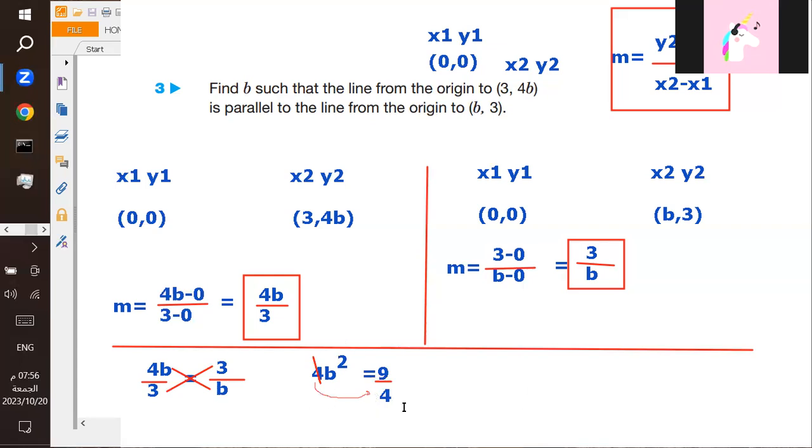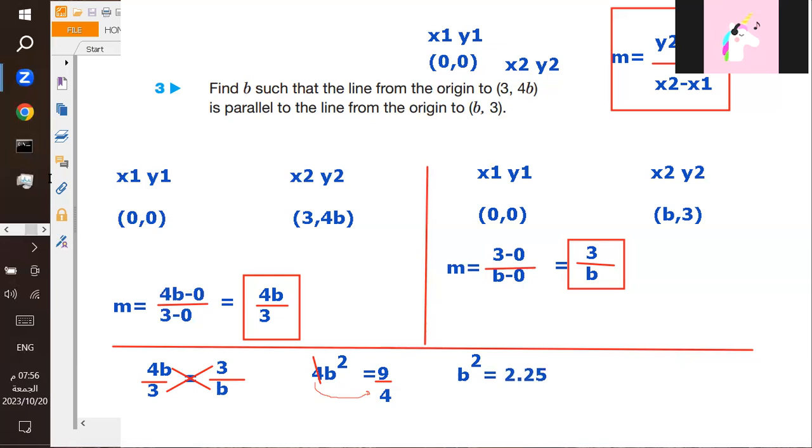If b squared equals 9 divided by 4, I can do it with a calculator. 9 divided by 4 equals 2.25. I'm sorry, 2.25. Yes. Okay.